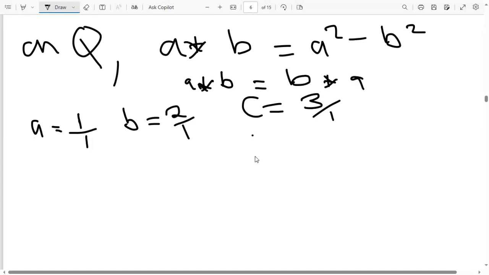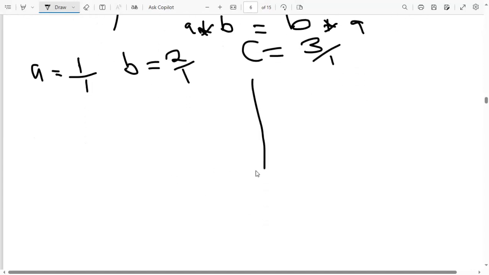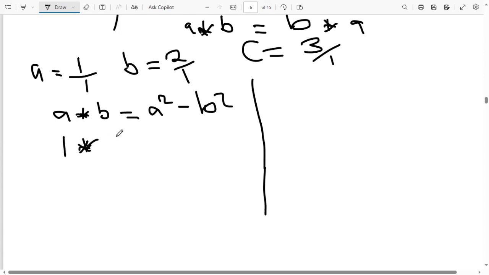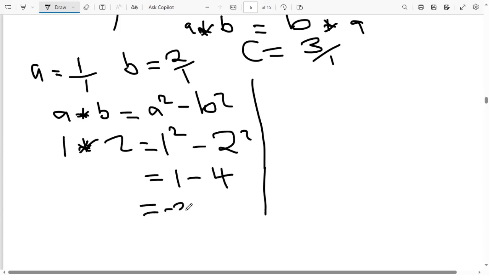So let's test if this is true. We want to test that A star B, for the commutative property, is equal to B star A. Let's draw a line here and put A star B here. A star B means A squared minus B squared. So A star B is equal to 1 squared minus 2 squared, which is 1 minus 4, and the answer here will be minus 3.